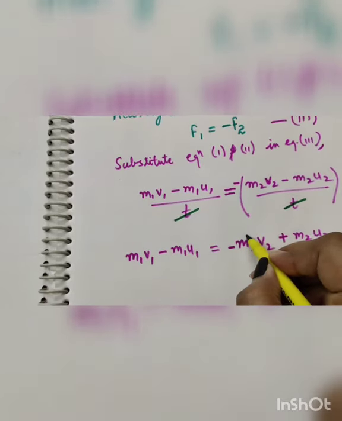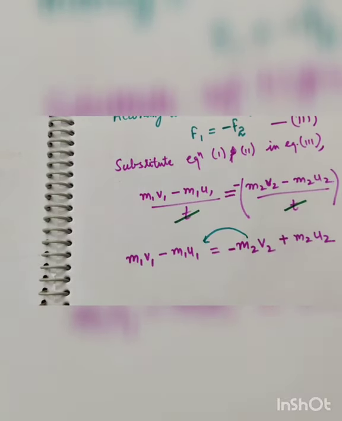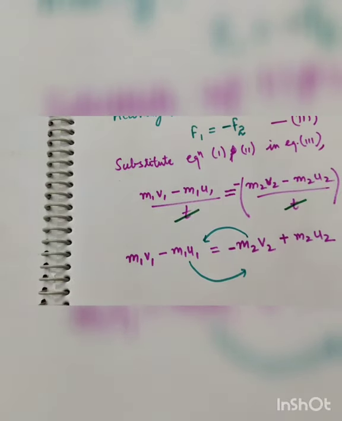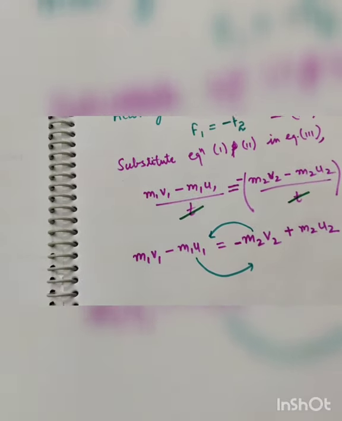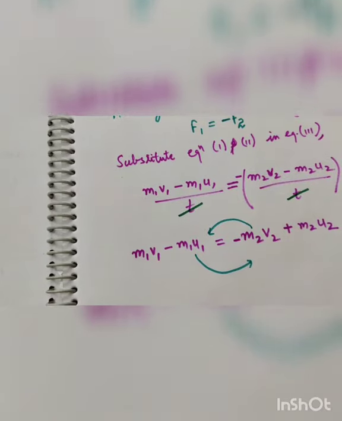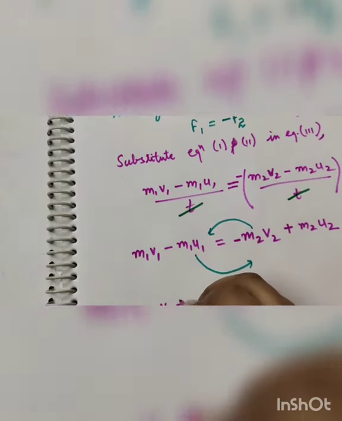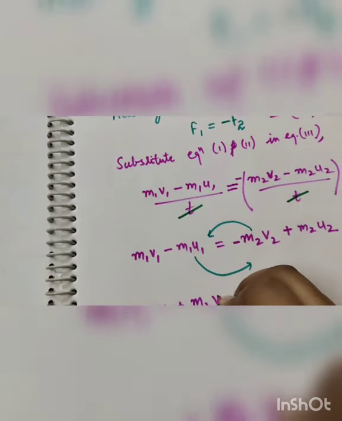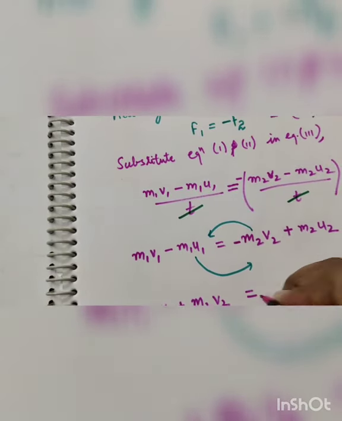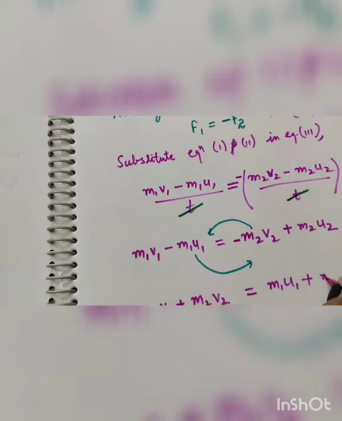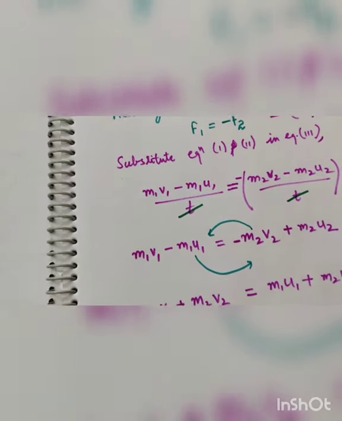I will take this to the left side and I'll take this to the right side. I'm shifting them across the equal sign so their signs will also change. It will become m1 v1 plus m2 v2 is equal to m1 u1 plus m2 u2.